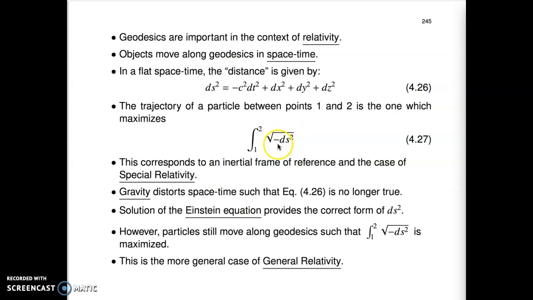It's the square root of negative ds squared, which looks strange. Are we taking the square root of a negative number? No, because these 2 events are time-like in nature, and that means that ds squared is always going to be negative, and it turns out that that will be true if the 2 events correspond to a given time and position for some one object.